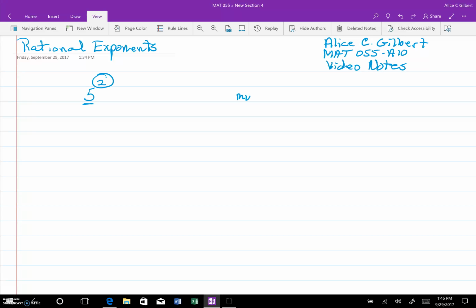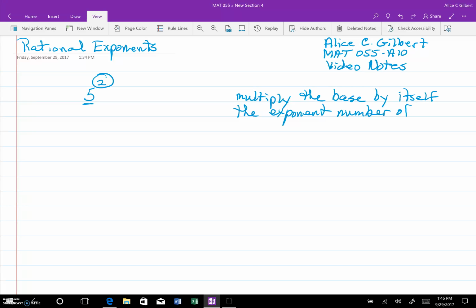Again, multiply the base by itself the exponent number of times. That's what an exponent problem is.